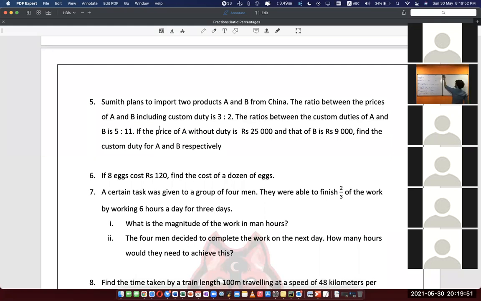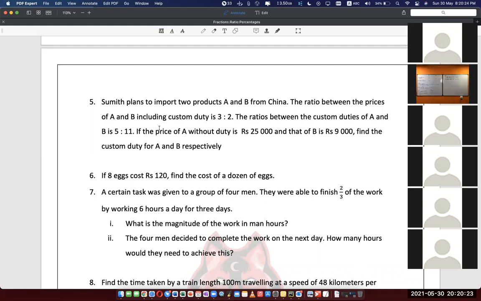Let the custom duty of A be equal to 5Y. Then custom duty of B is going to be what? 11Y, right? 5Y and 11Y.